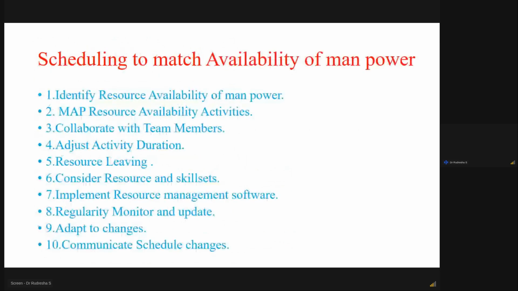Scheduling to match availability of manpower: identify the resource availability of manpower, map resource availability to activities, collaborate with the team members, adjust the activity duration, resource leveling, consider the resource and skill sets, implement the resource management software, regularly monitor and update, adapt to changes, communicate the schedule changes. This is the scheduling to match availability of manpower.